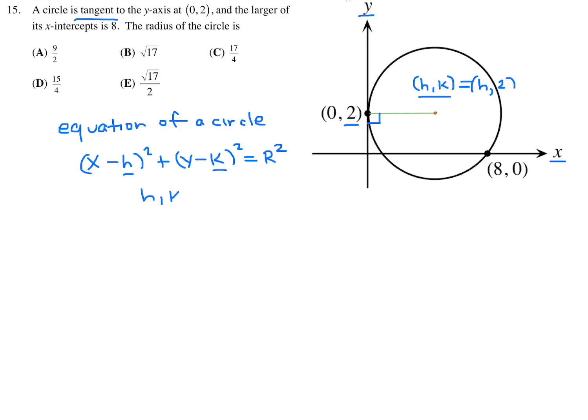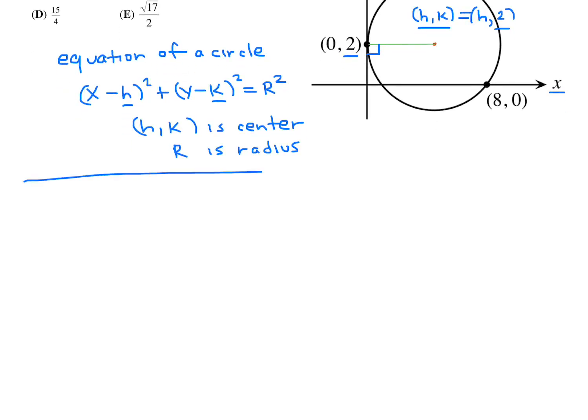So I'll put that in there. (h, k) is the center. And r, of course, is the radius. So that equation we're going to utilize. And the good news is we know k already. k is 2, based on the information they've given us in the question.